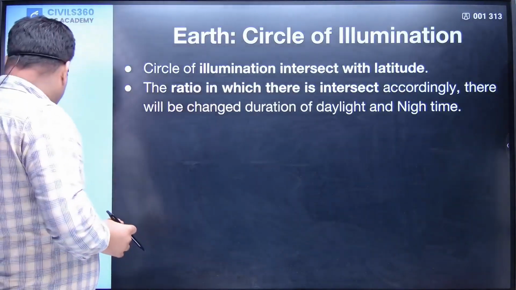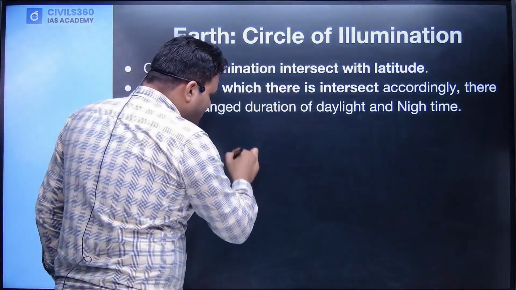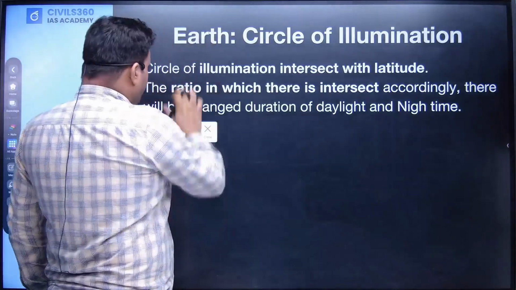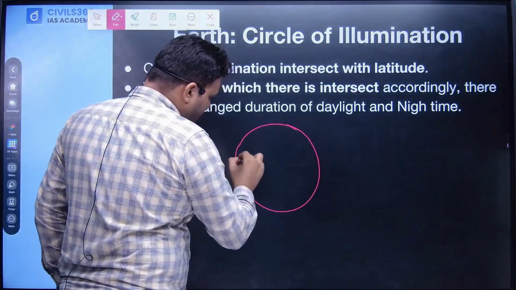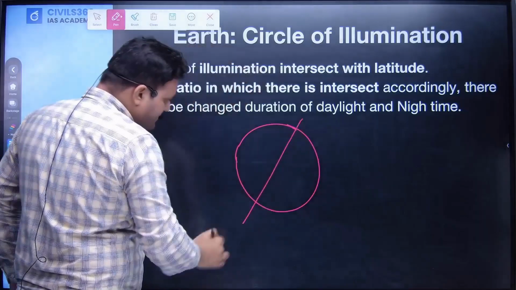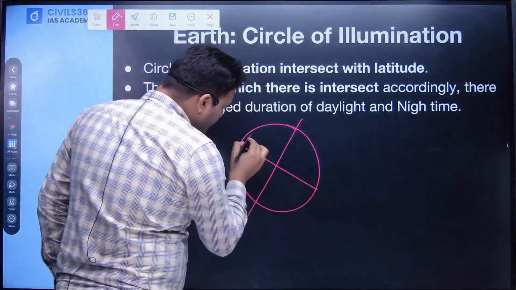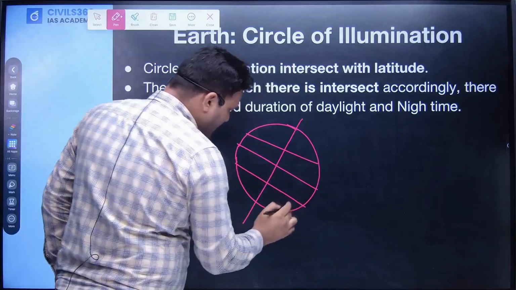Here, for example, let's say this is our earth shape. Here we have a tilt like this. Then we have an equator here. Then we have a Cancer here. And we have a Capricorn here.